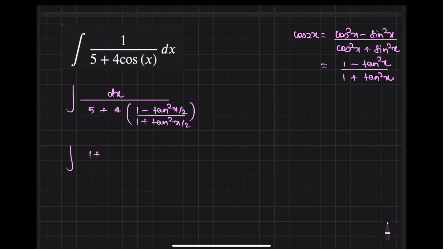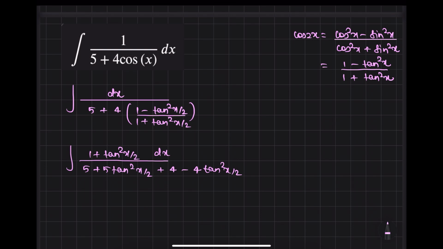So it is 1 plus tan square x by 2, and we have 5 plus 5 tan square x by 2 plus 4 minus 4 tan square x by 2. Okay, and then we have dx.